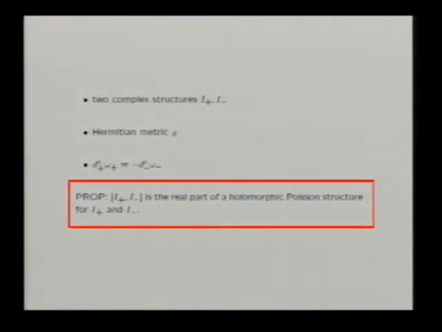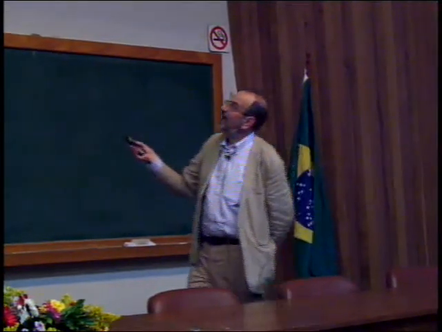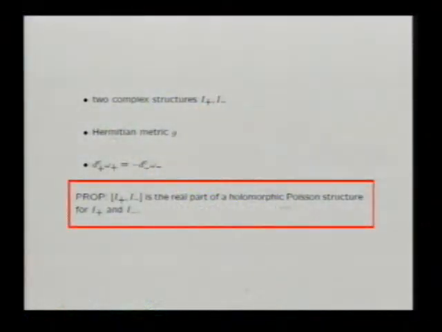So now we're looking at complex manifolds, but we're looking at Hermitian structures on them. A generalized Kähler manifold is a manifold which has a metric G, which is Hermitian with respect to two different complex structures. And there's a relationship here, so it's not a Kähler metric in general.